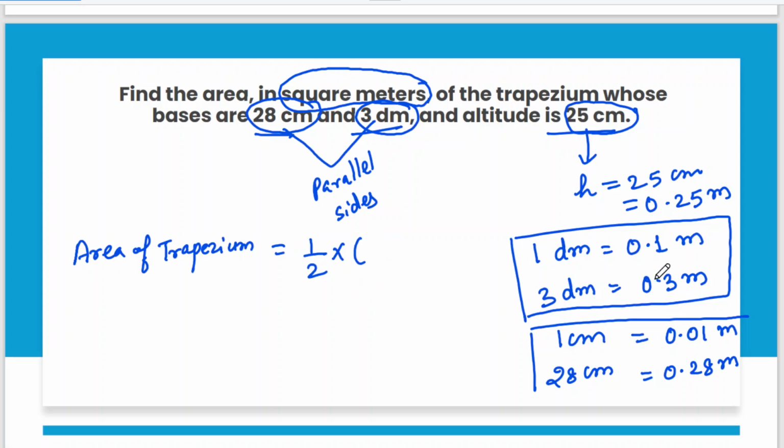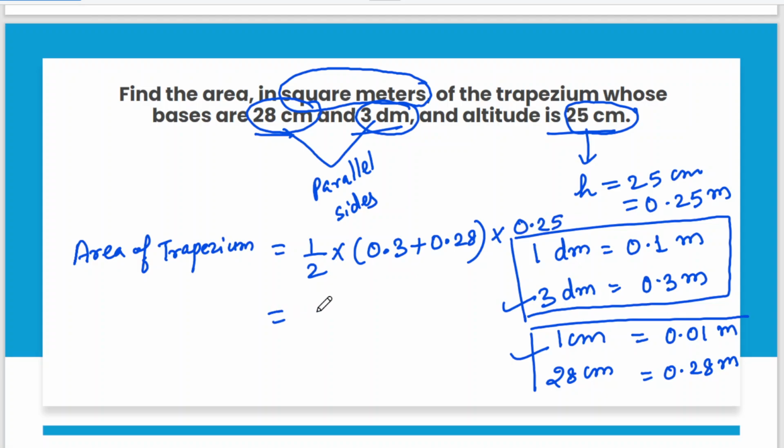So what is our parallel sides? Sum of the parallel sides is, these are your parallel sides. So let me add. So this is 0.3 plus 0.28 and multiply it by height, that is 0.25.